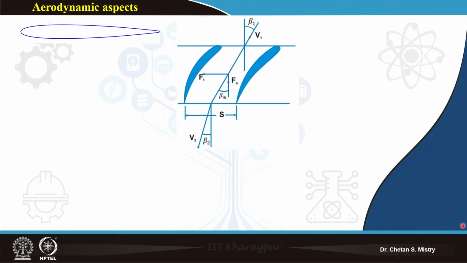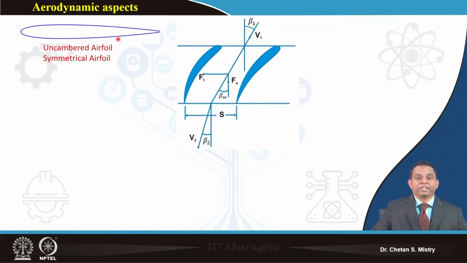Today we will be discussing the aerodynamic aspects of our axial flow compressor. In order to understand this, we have an airfoil. We can call this an uncambered airfoil, or a symmetrical airfoil.